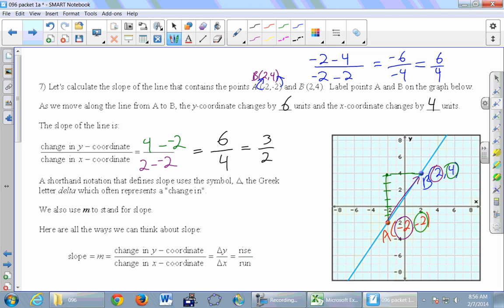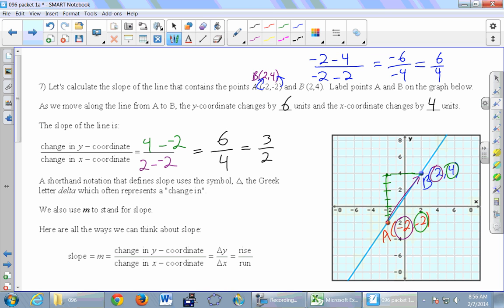Really, there's only two ways to get slope wrong. Number one, you could mix up where you put the x and the y in terms of top and bottom. Which one goes on top? Is the y. Slope. Yeah, you can go either direction. So like I said, there's only two ways to get slope wrong.